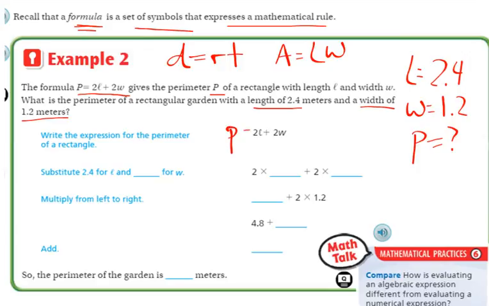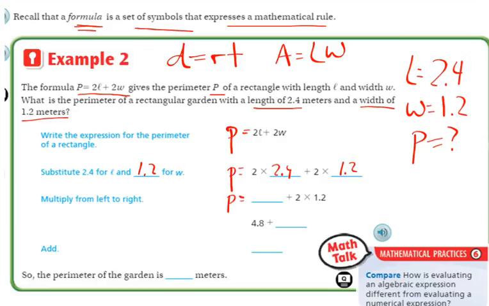I would have included P equals here, and we are going to substitute in. So I know that 2.4 is for L and 1.2 is for W, so let's substitute that in. 2 times 2.4 plus 2 times 1.2, and this is going to equal P.